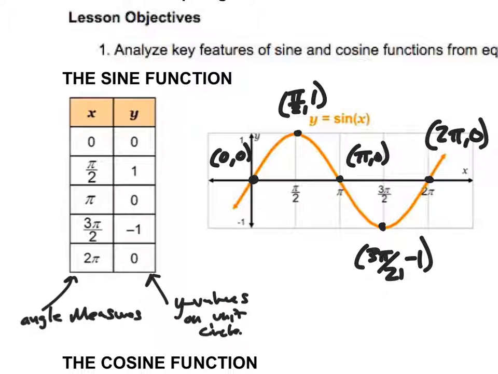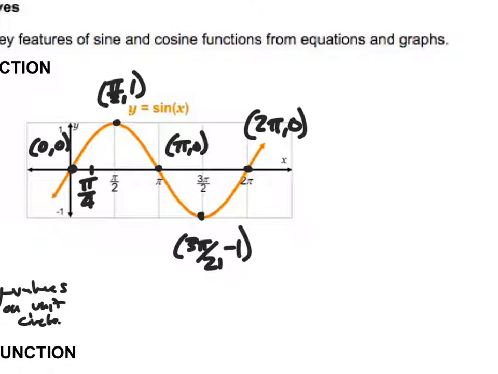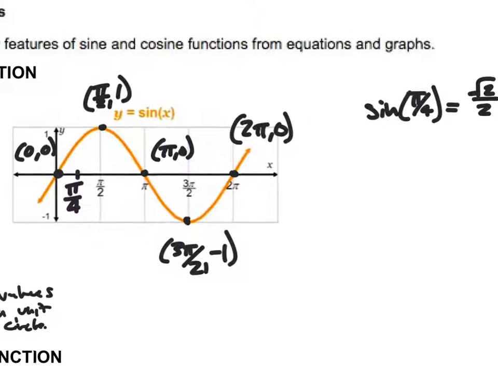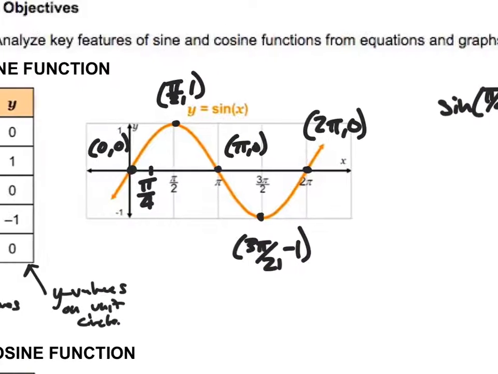And you want to think about some of the other values. If I were to find, say, pi over 4, remember that sine of pi over 4 is the value square root of 2 over 2.